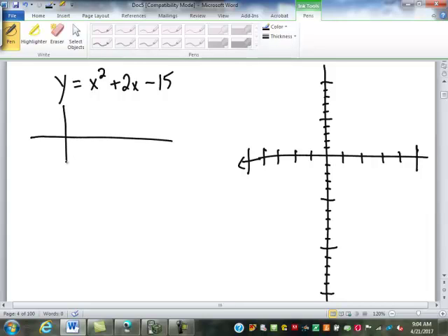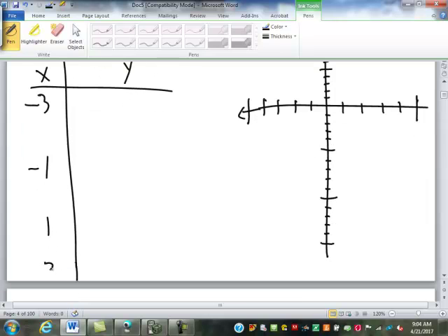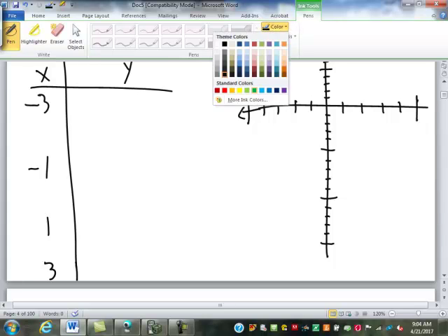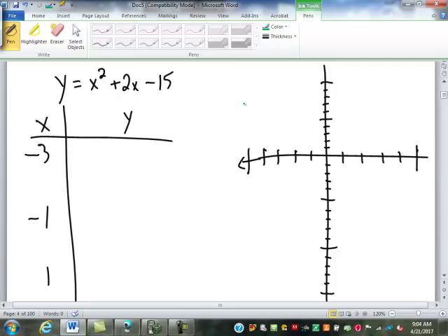So once again, I just need to pick values for x, and then we're going to figure out what the y values have to be. So I'm going to go with, let's do -3, -1, +1, and we'll do +3. And notice I gave myself a little more room here because it's going to take a little more room to figure out the y values from it.